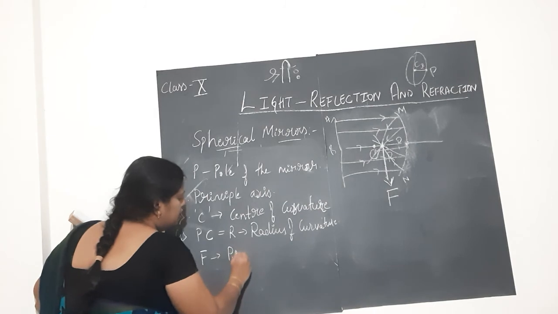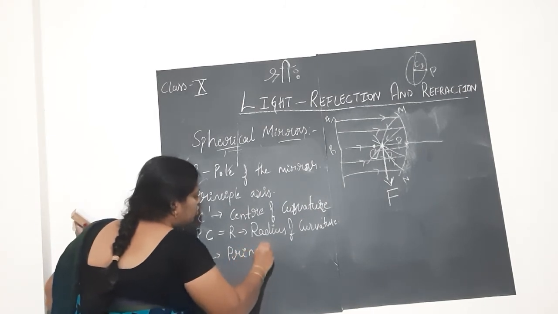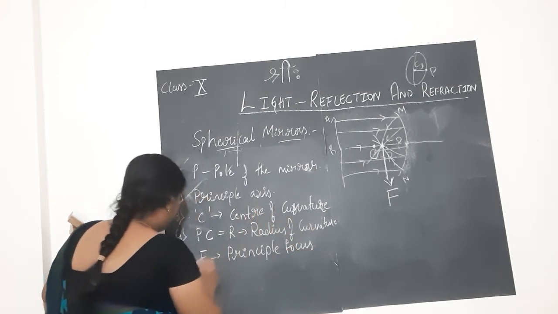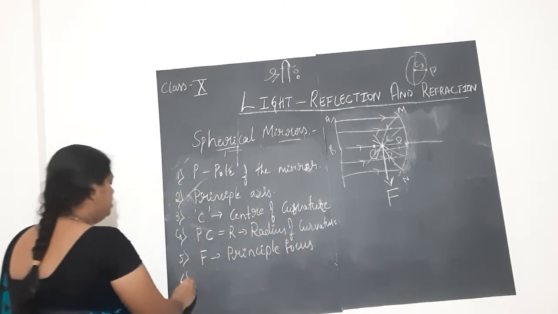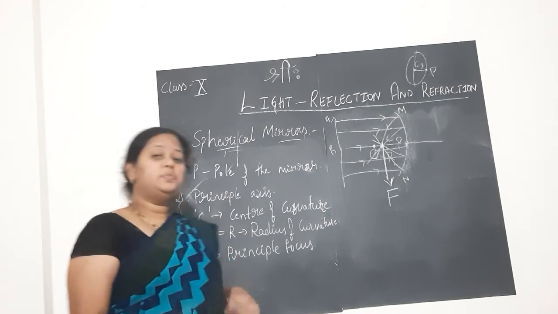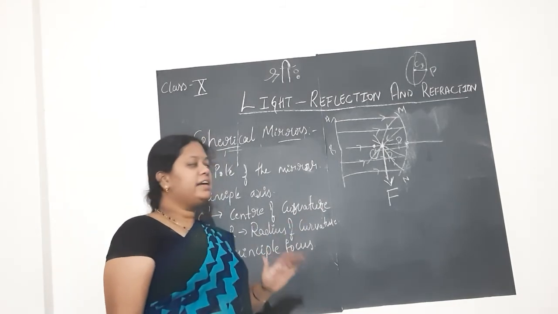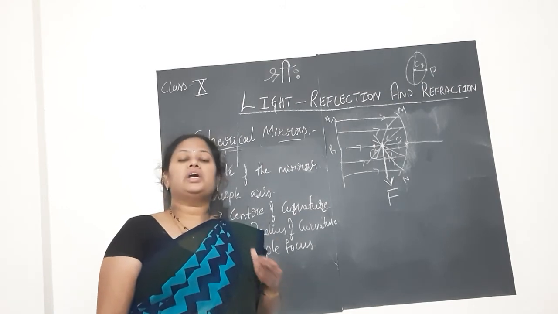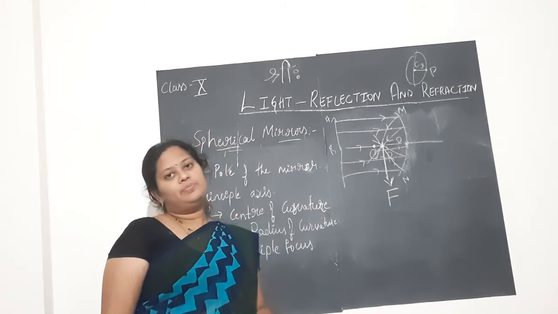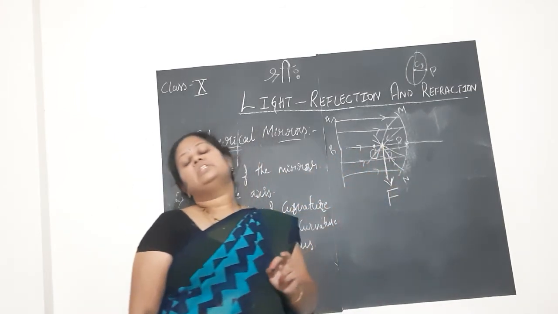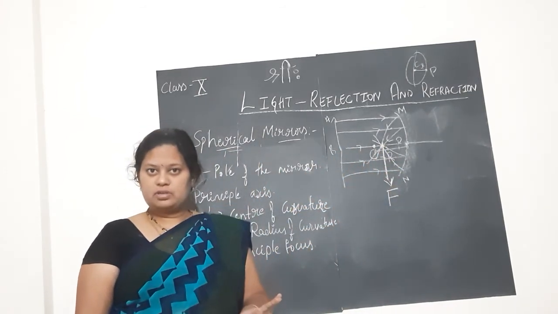These are new terms which you have to learn along with the notations. What is the principal focus? It is the point where all the reflected rays meet or converge, where the image of the object is formed, represented by capital letter F.